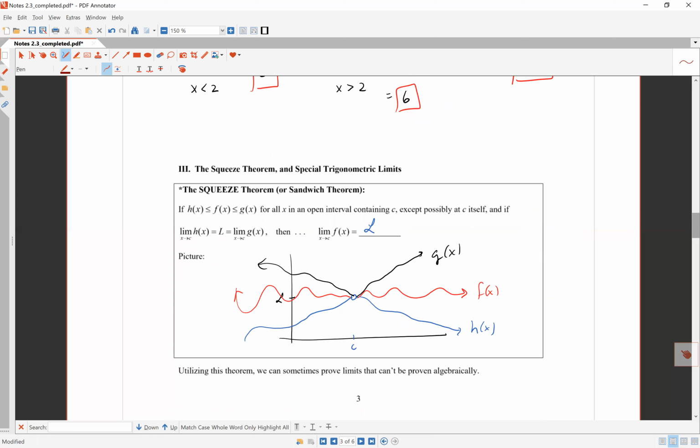Now the famous squeeze theorem. Students, we talk about this in Math 250. This is a theorem for a skilled mathematician. If you were a math major and went to graduate school and wanted to do research in mathematics, this is a theorem you would use.